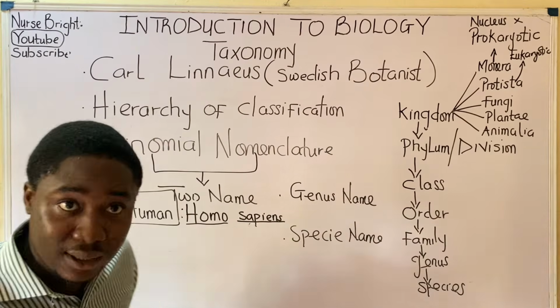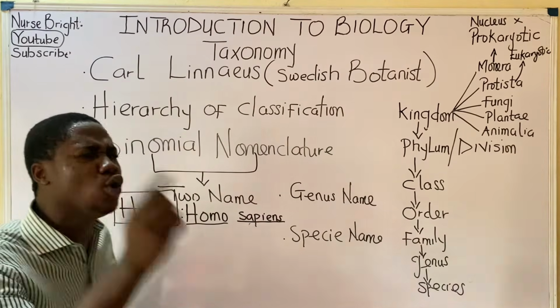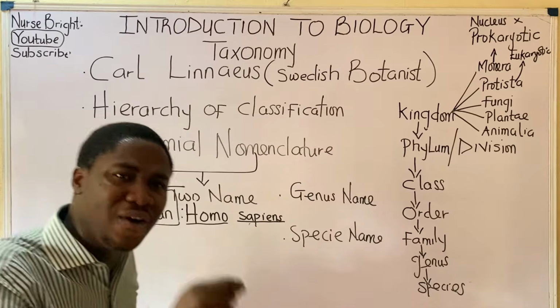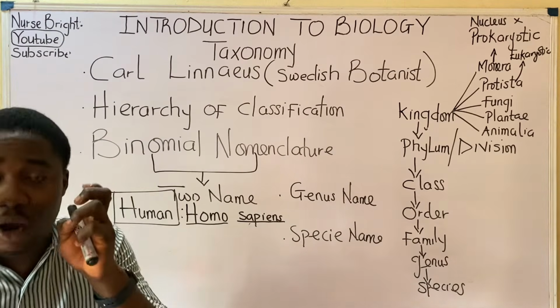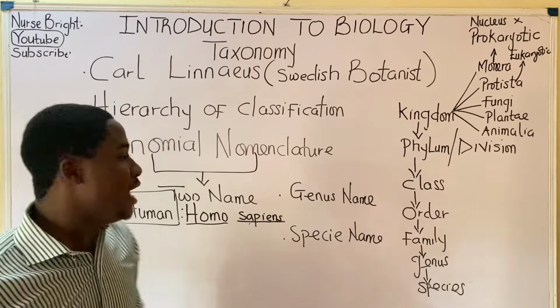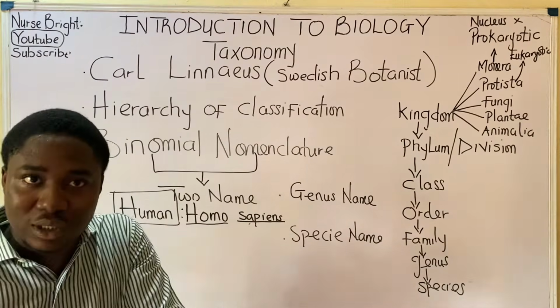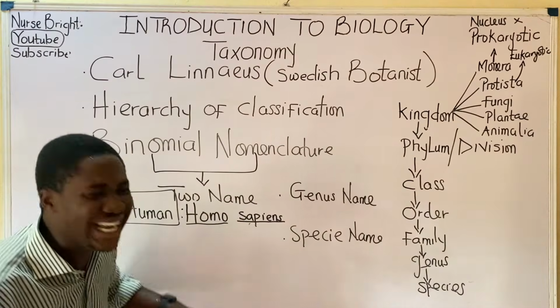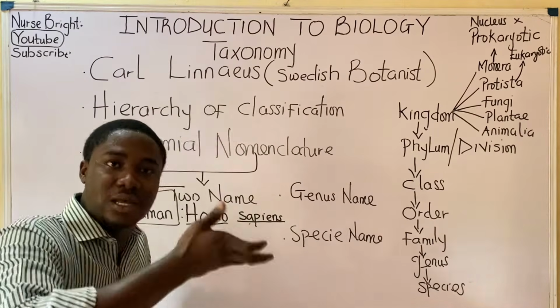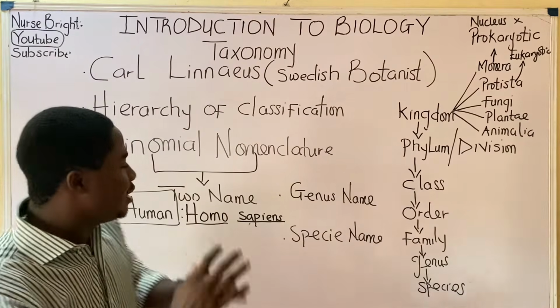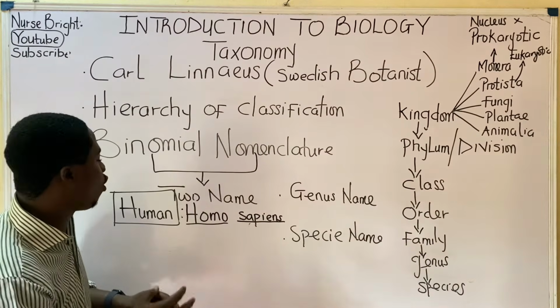Are you following me? And also, it should be underlined. Whenever you are writing a scientific name, you must underline that particular word. Do you understand my point? If this was a typed word in a computer, it should be written in italics, slanted. You must write it as a slanted word. Do you understand the point?